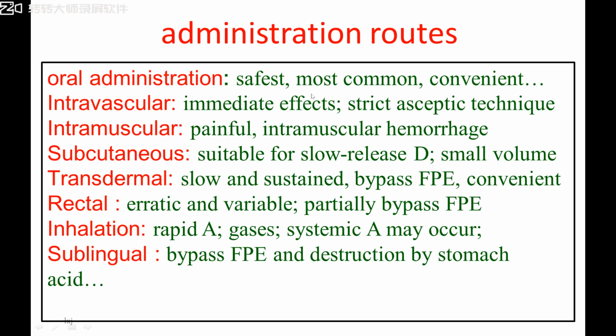Like oral administration, it is the safest compared with others. It also is the most common and convenient and economical route. But it has a limited absorption, especially for some drugs. Maybe its absorption can be affected by food intake.